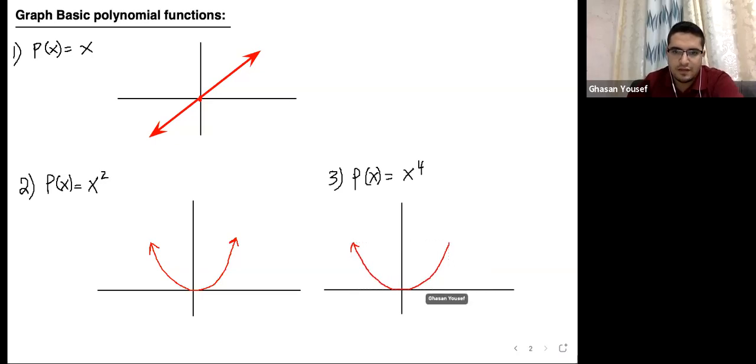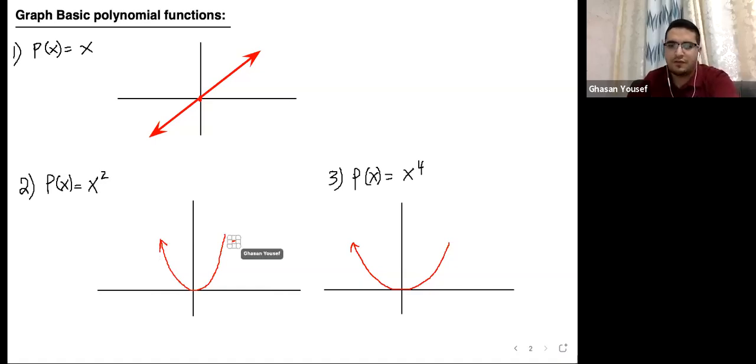As you see here, it's more closed than this. This is the graph of x squared. But the graph of x to the power 4 will be more open, like this.